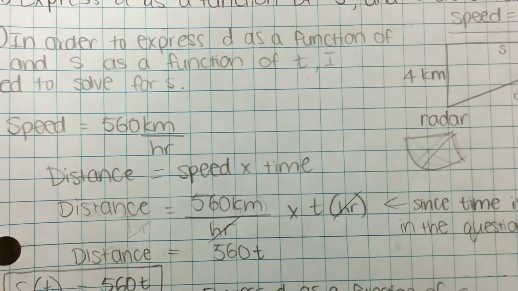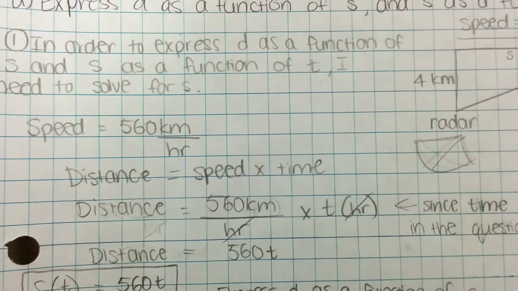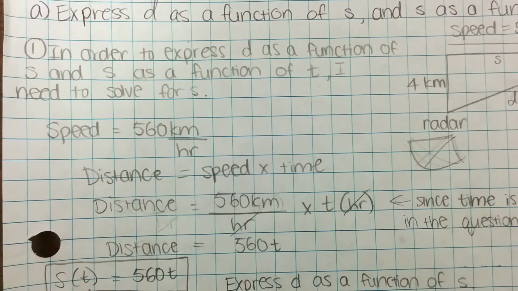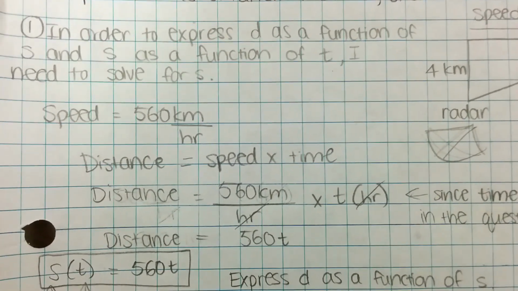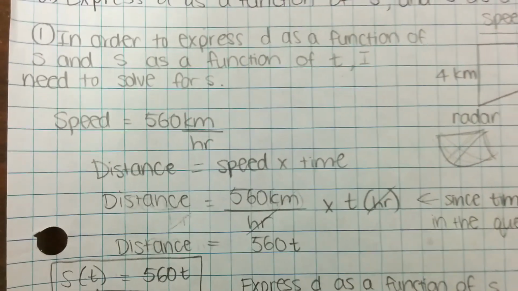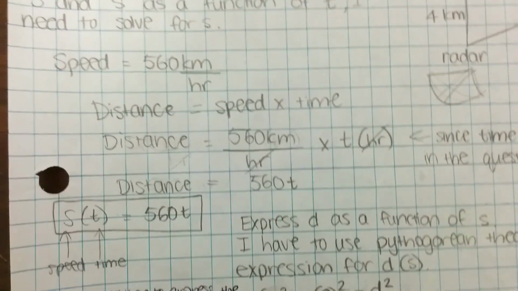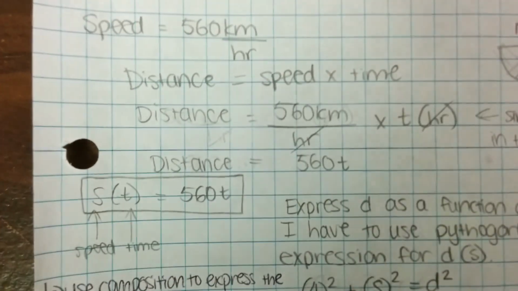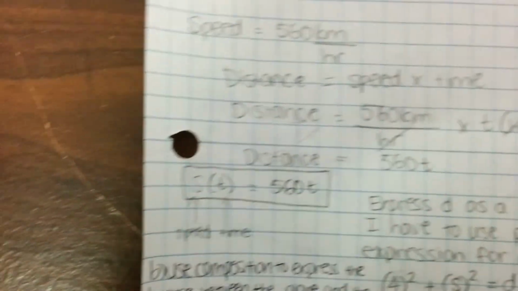I've used t in hours because the speed is 560 kilometers per hour. The hours cancel out, and we get that the distance is equal to 560t.